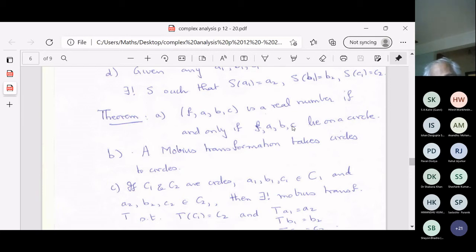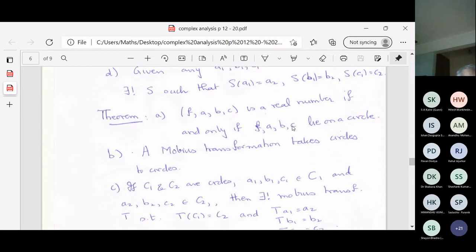A Mobius transformation takes circles to circles. Actually, I should have written there that a Mobius transformation takes circles and straight lines to circles and straight lines. So here, when I say a circle, I also mean straight lines, because straight lines are circles which pass through infinity.